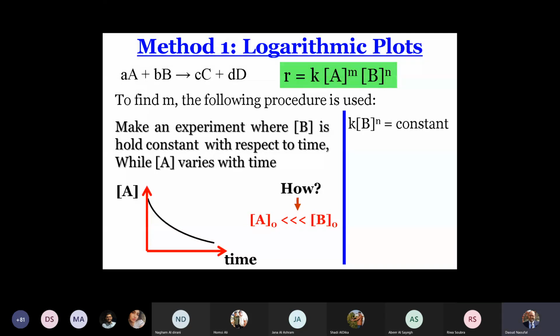For any time t, you can calculate [A]t and [B]t, you can calculate RA at t, RB at t, and the rate of the reaction at t, as in grade 12. For example, at time t, you can know [A]t from the stoichiometry of the reaction. You can know [B]t from the stoichiometric calculations.